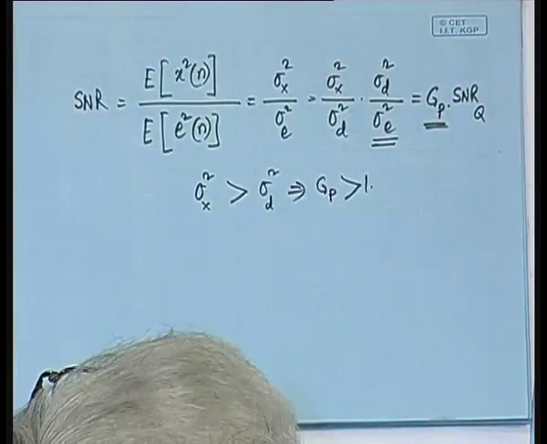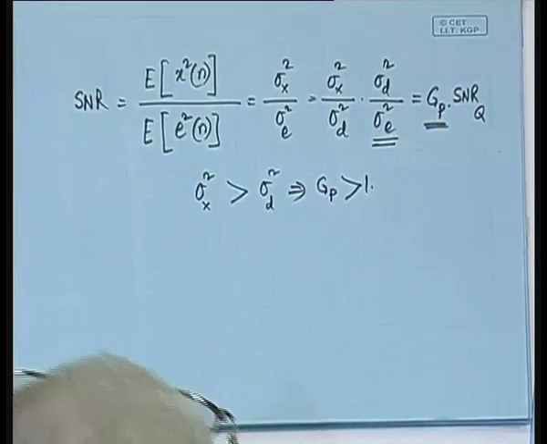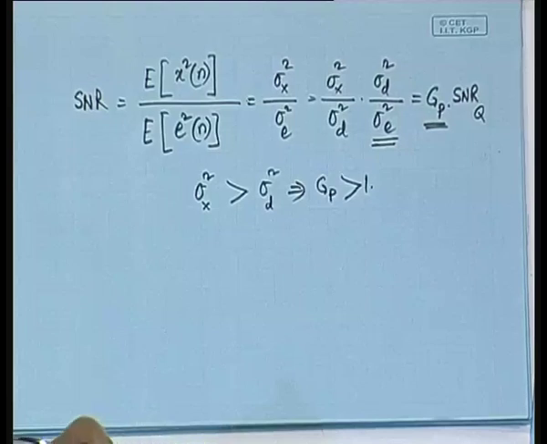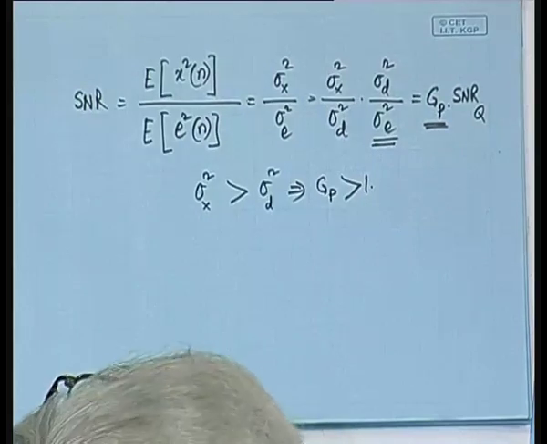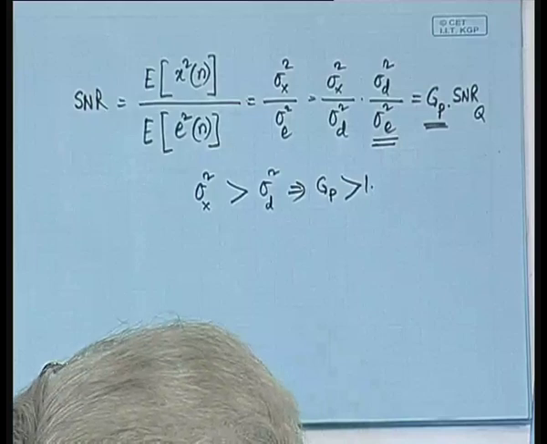If you think more about it, you will realize that if the signal has some correlation between neighboring samples, then the differential signal is expected to have a much smaller variance as compared to the original signal variance. So we can intuitively expect that sigma square x should be greater than sigma square d.